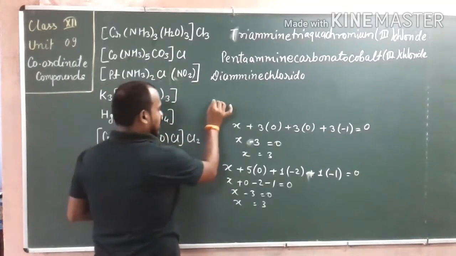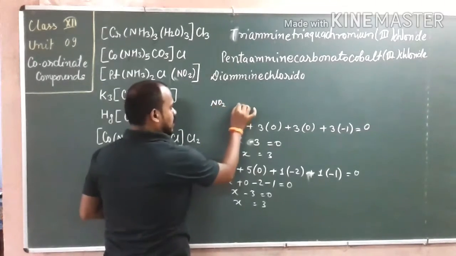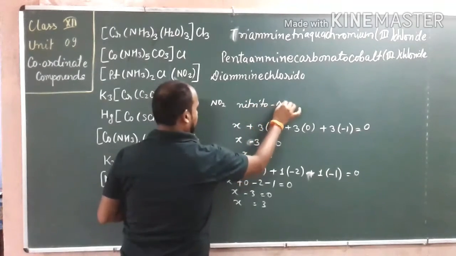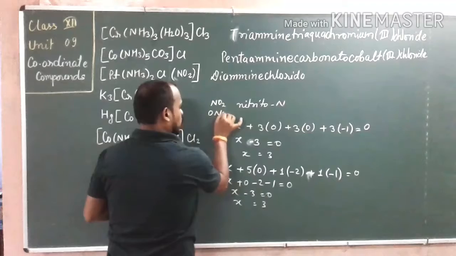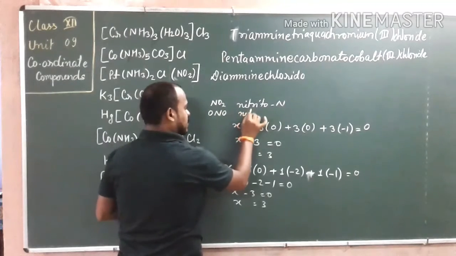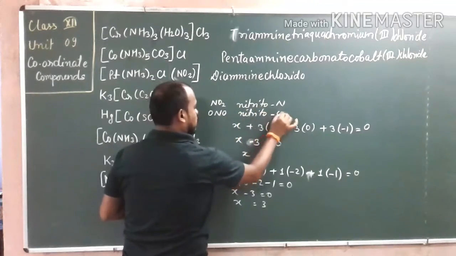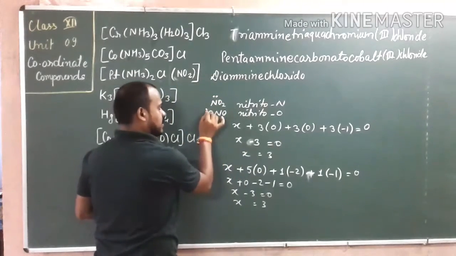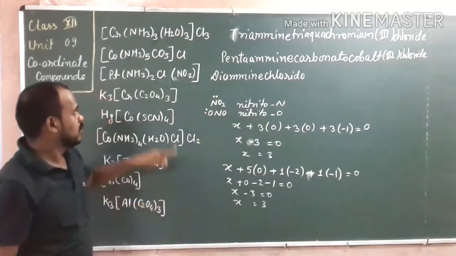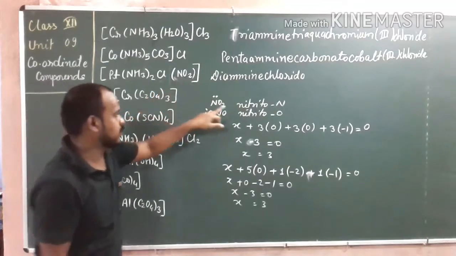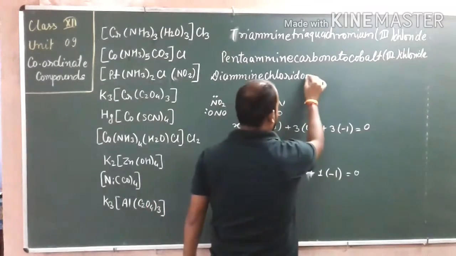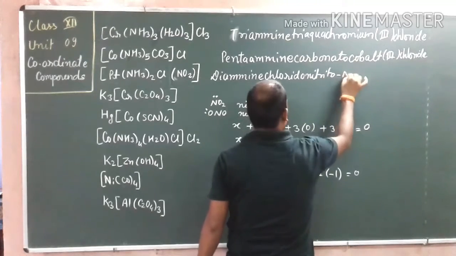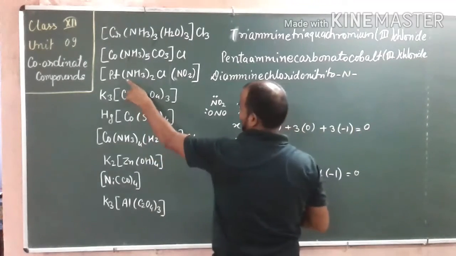This NO2, if it is NO2, then the name will be nitrito N. If it is ONO, then its name is nitrito O, because here nitrogen is donating electrons. In this case, this oxygen is donating electrons. So here NO2 is written, hence it will be nitrito N. So after chlorido, it is nitrito N. So the ligands are complete.